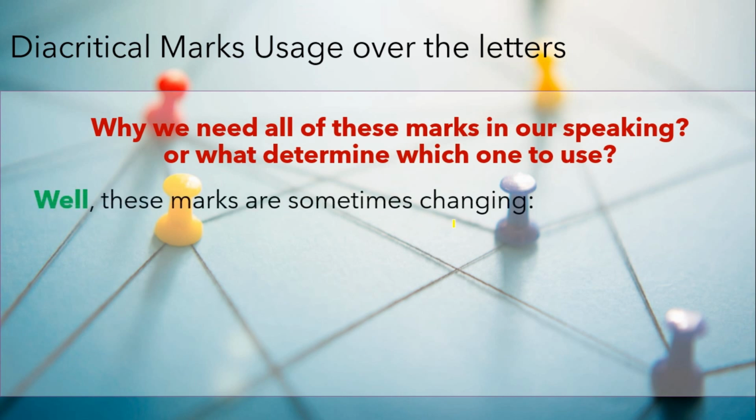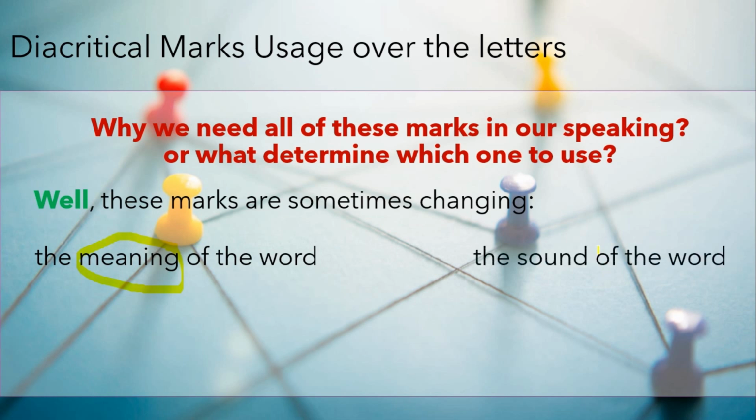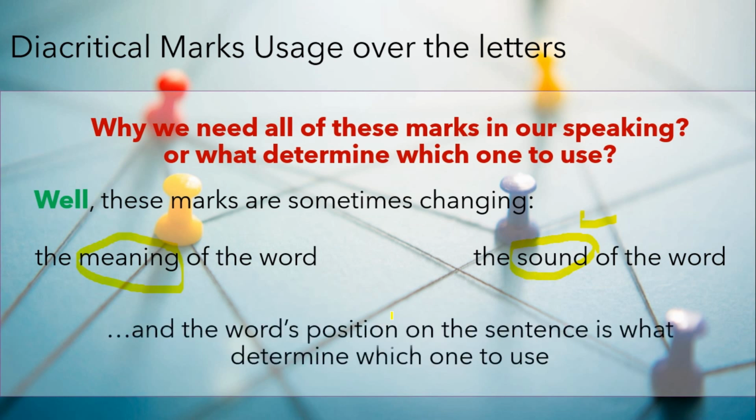Sometimes they change not only the meaning but the sound of the word, as we just saw with the letter dal and how it affects the name Ahmad. The most important thing to understand is what determines the usage of any of these diacritical marks. Actually, what determines that is the position where that word comes in the sentence.